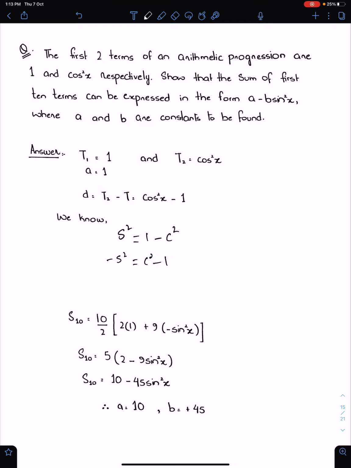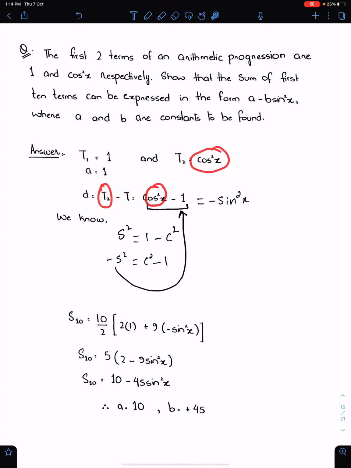So we can substitute this by negative sine square x here. So D is negative sine square x, because D is T2 minus T1. T2 is cos square x, and T1 is 1.